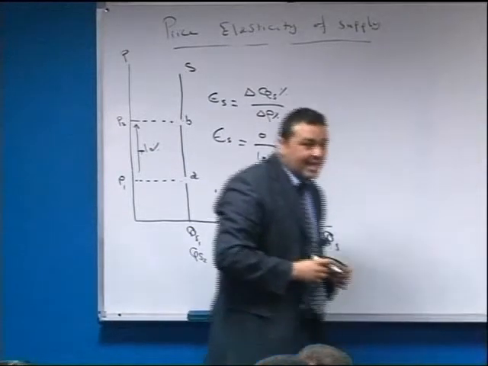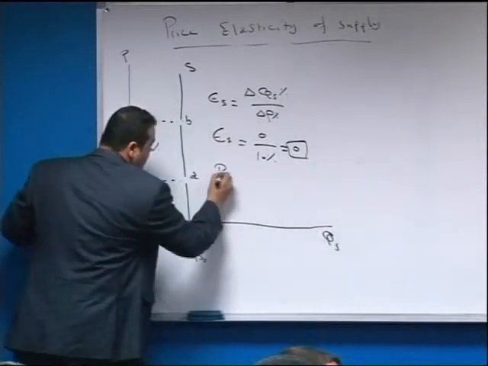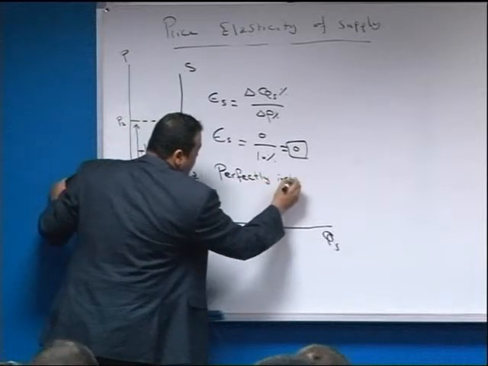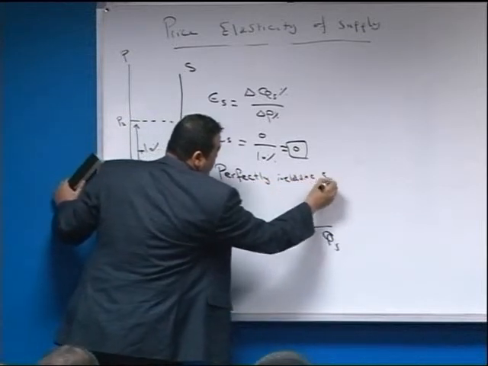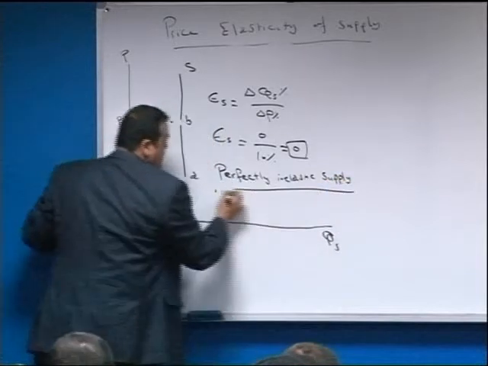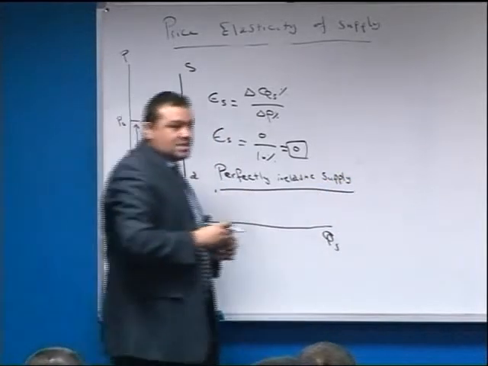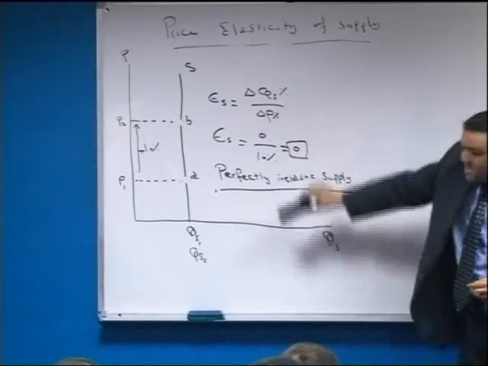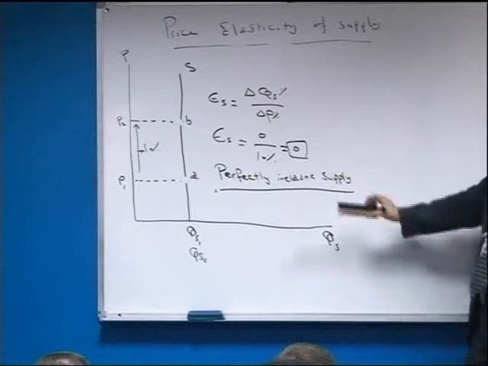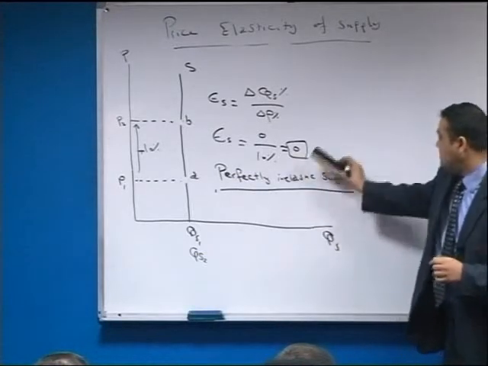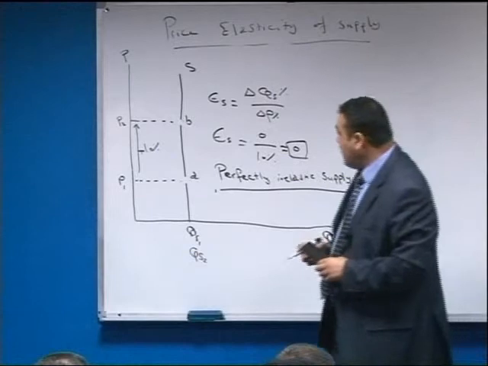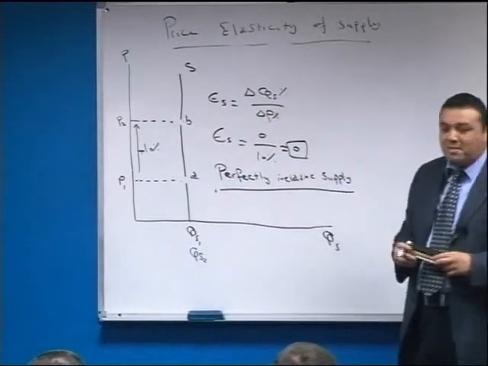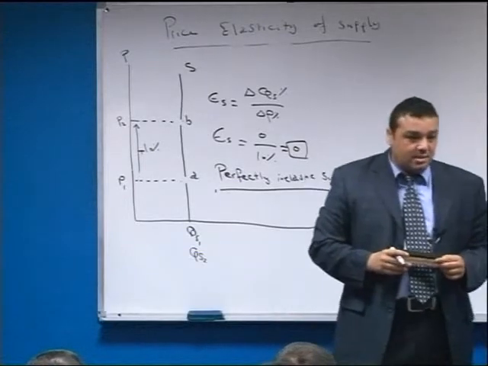Excellent. Perfectly inelastic supply. So if the price elasticity of supply equals 0, supply is a vertical line, and the supply is perfectly inelastic, right?